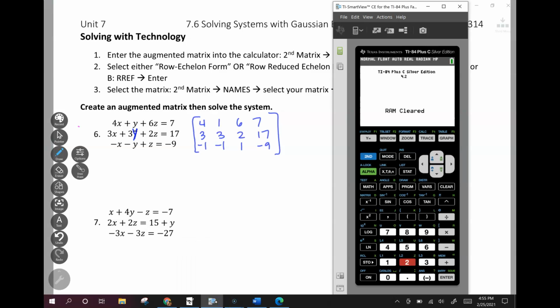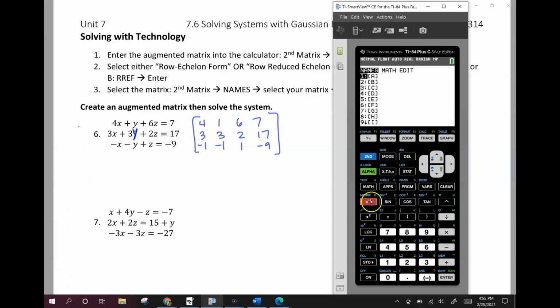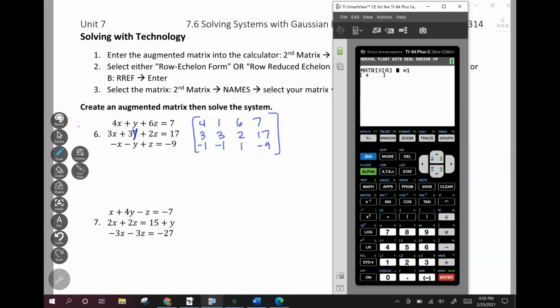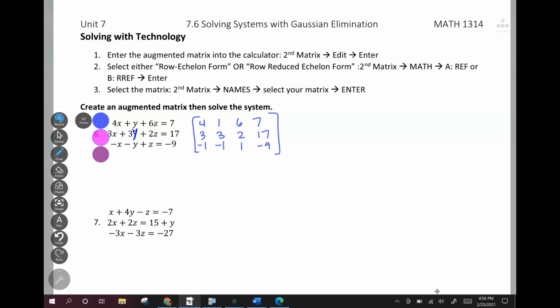So to do that, hit second matrix. Matrix is right beneath math. So second matrix, over to edit. Hit enter. We're just going to enter it as matrix A. You need to enter the dimensions of your matrix. So it's rows by columns.